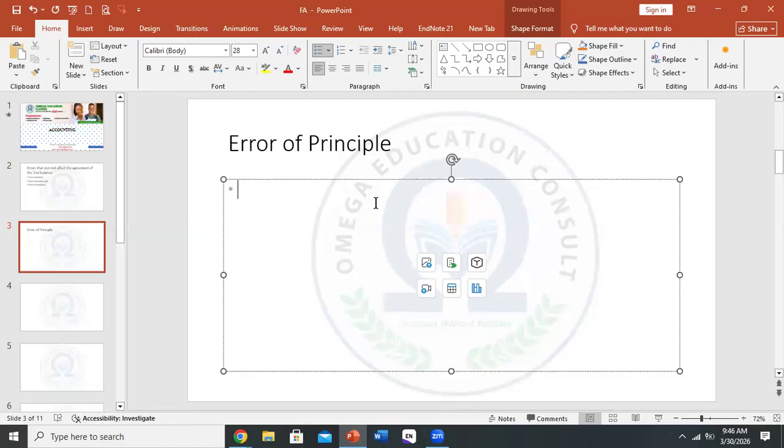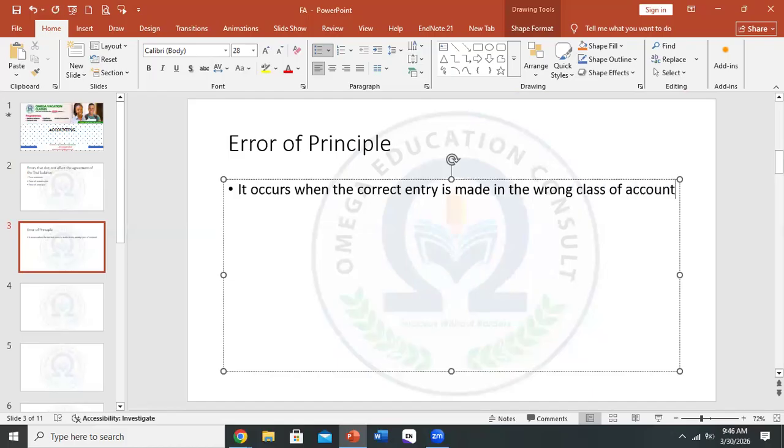Okay, so let me write that for us. So it occurs when the correct entry is made in the wrong class of account. In the wrong class of account.